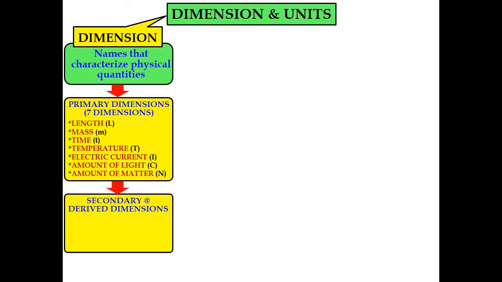And then we have the secondary, or derived, dimensions. For example, we have velocity V, energy E, force F, and so on.